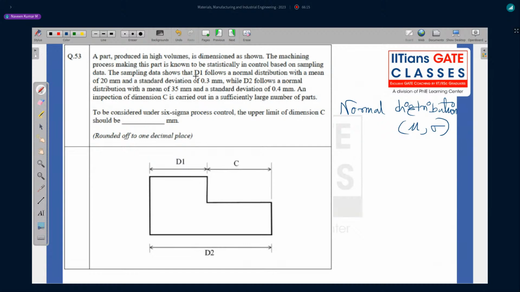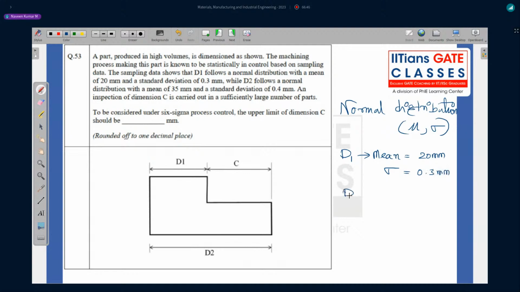So now D1 is following a normal distribution, and D2 also is following a normal distribution, and they have mean and standard deviation values. Okay, let's write what is given. For D1, the mean value they gave as 20 mm, and the standard deviation sigma they gave as 0.3 mm, right?